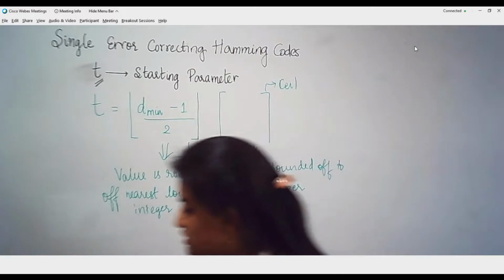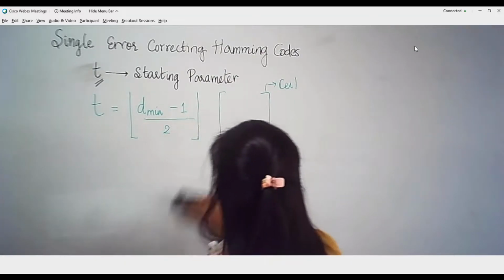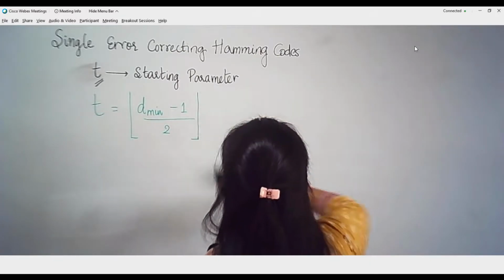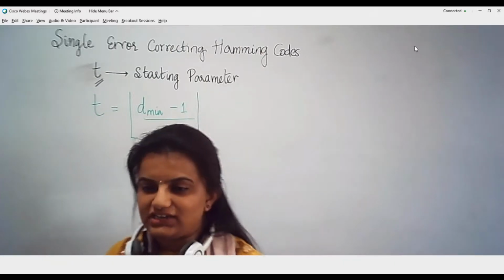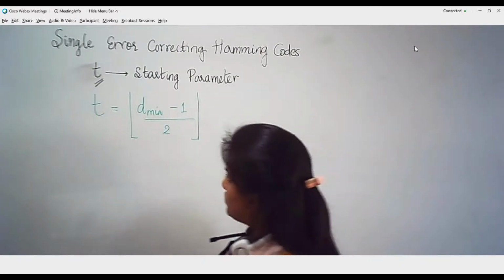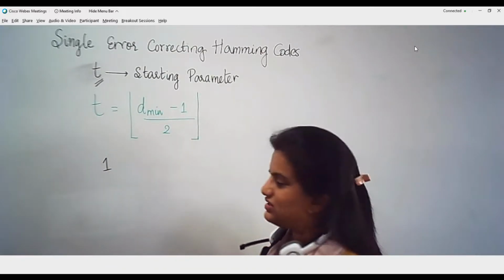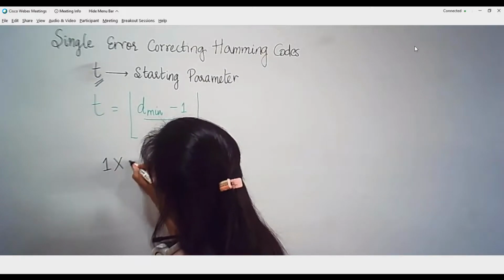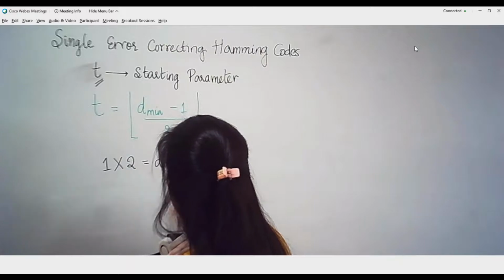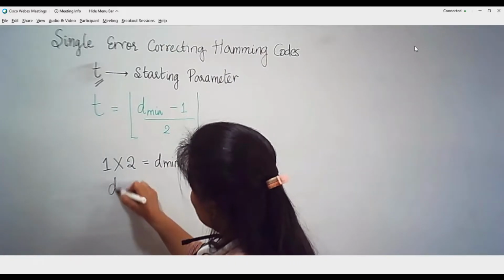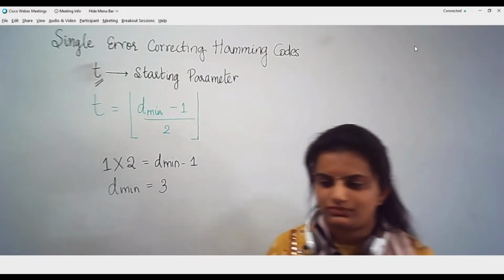So remember this: the error correcting capability defines how many errors can be corrected by making use of a linear block code. The starting value that we know here is only the value of T, and for this case I am considering T equal to 1. So 1 times 2 is equal to dmin minus 1. From this I can obtain that dmin is equal to 3.